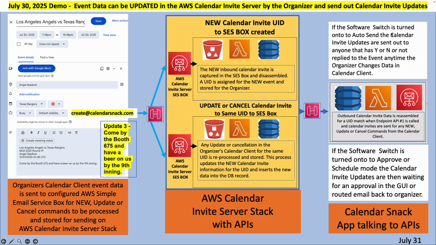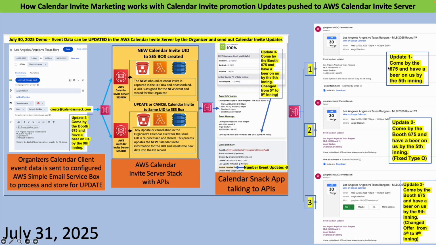If the switch is on, we automatically send out the calendar invites per the campaign. For MailChimp in particular, is what I'm walking you through. You'll see update number 1, update number 2, and update number 3. It mechanically talks to the API gateway and sends out the commands to send out the new calendar invite. So you can see those mechanically have already been set up and proven with this demo.